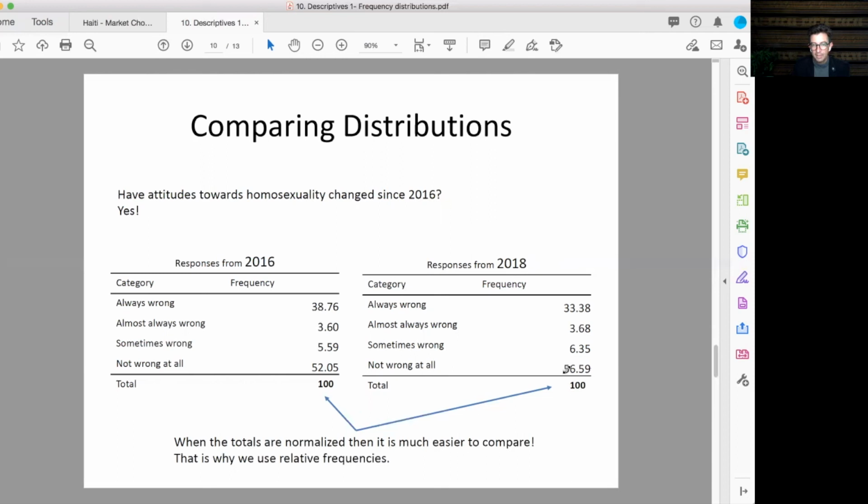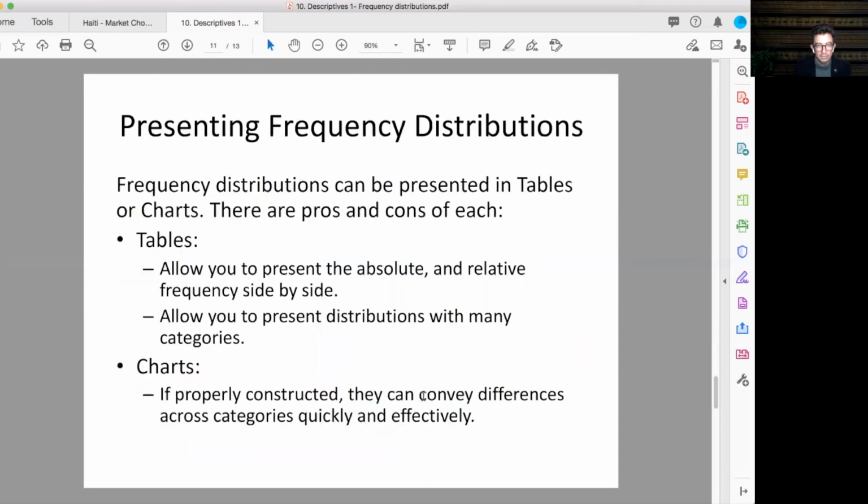So now you can compare and see that tolerance for homosexual relationships has increased in those 2 years. The percentage of people who say always wrong has decreased, and the percentage of people who said not wrong at all has increased. So relative frequencies are very useful for making comparisons.